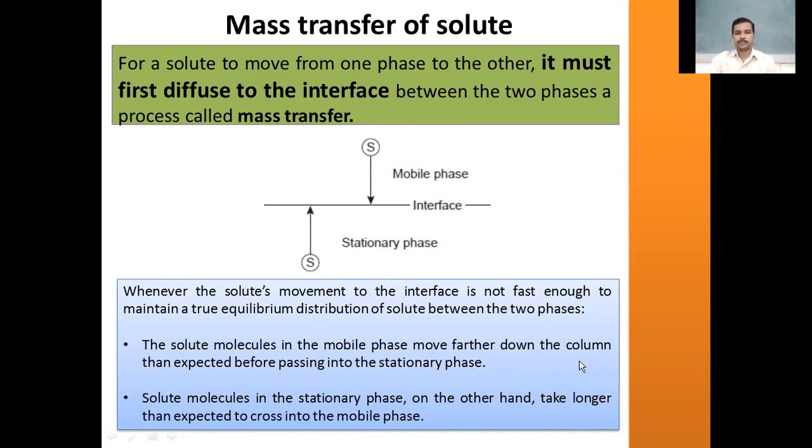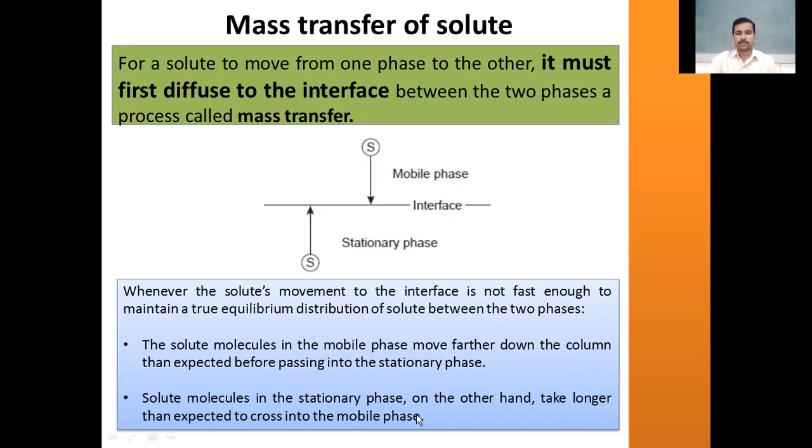If the ability of the solute to migrate into the interface is lower, then such solute molecules will be moving down the chromatographic column by overcoming the interface, and the rate of this diffusion will be more than expected. The rate of diffusion of the solute from the mobile phase to stationary phase will be more than expected because it has overcome the diffusion of the interface.